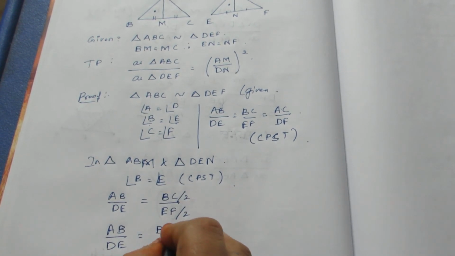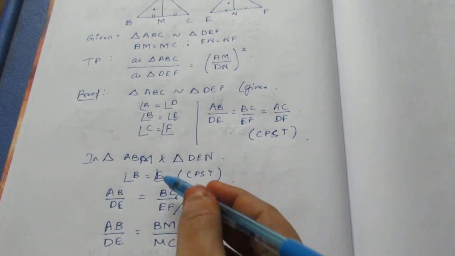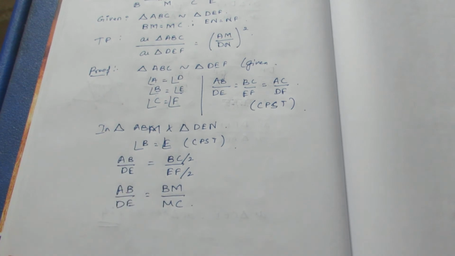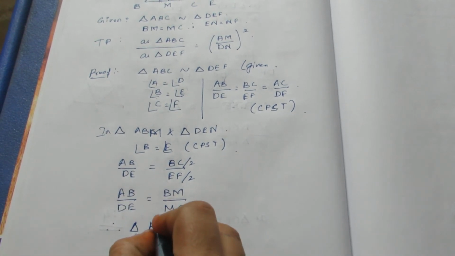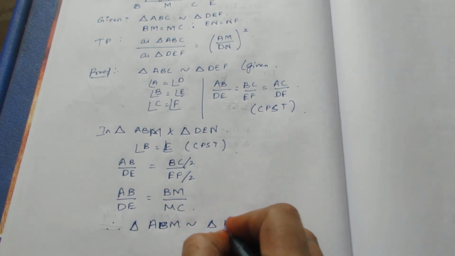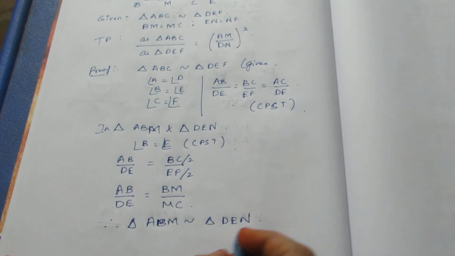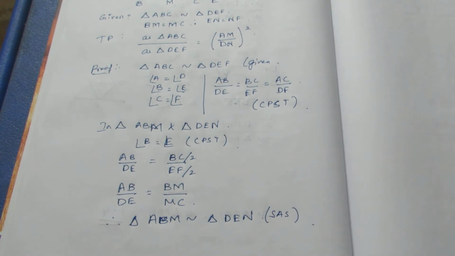So we can write this to be BM by EN. So two sides are proportional and the angle in between is equal. So therefore we can directly say that triangle ABM is similar to triangle DEN. So now by SAS similarity criterion, we have proved this.